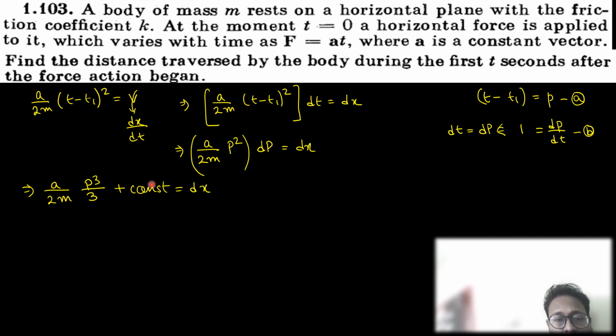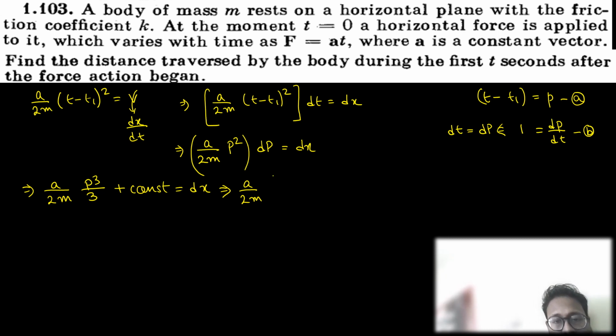Now you can either solve for the constant here, or you can expand p and then solve for the value of the constant. Both will come the same as long as you put the boundary condition correctly. So I'm just writing this equation and then putting the boundary condition.